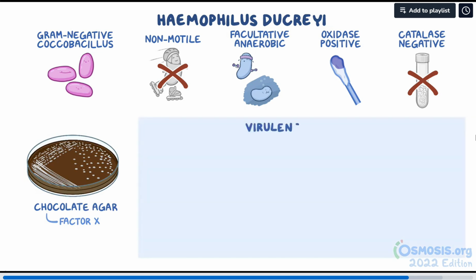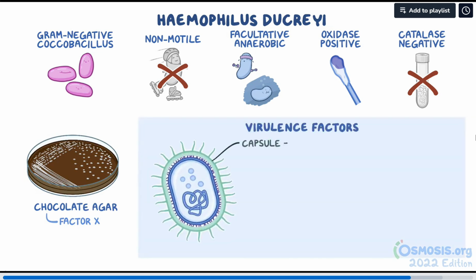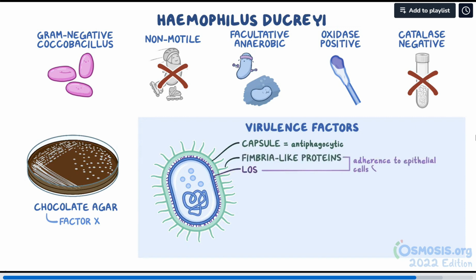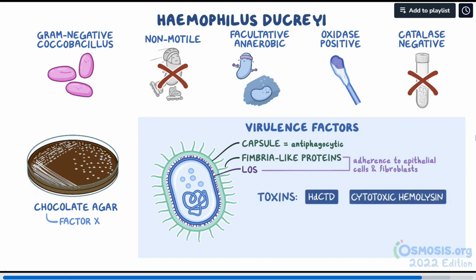It has a bunch of virulence factors, such as a capsule with antiphagocytic role, fimbrial-like proteins, and LOS for adherence to epithelial cells and fibroblasts. Toxins, such as cytolethal distending toxin and cytotoxic hemolysin, which cause damage to cells, and a zinc-copper superoxide dismutase, which helps in survival of bacteria.